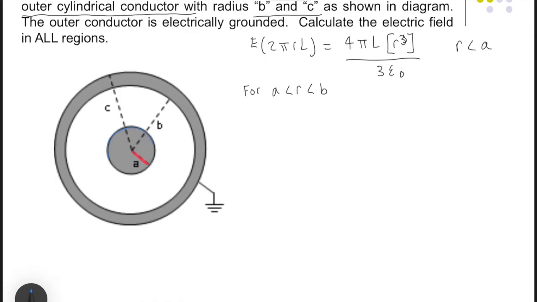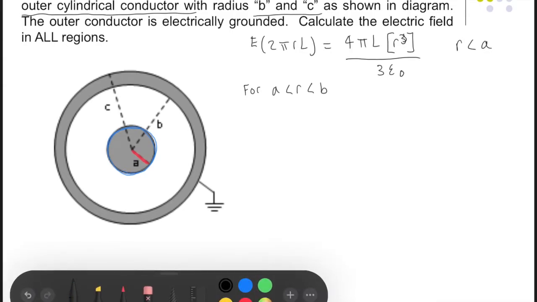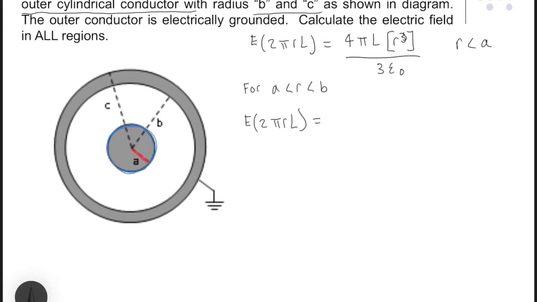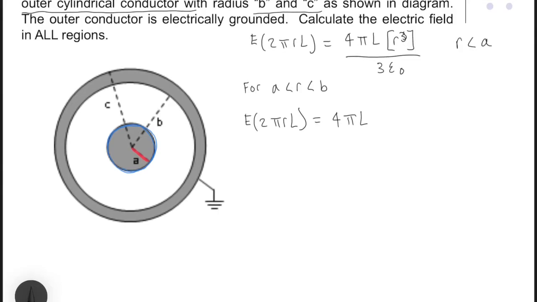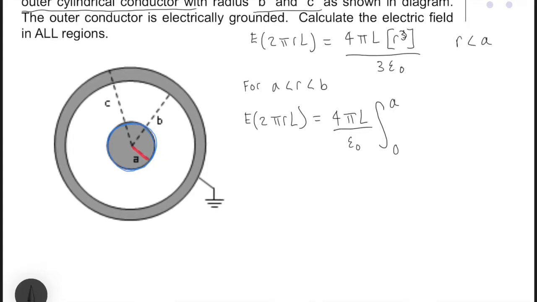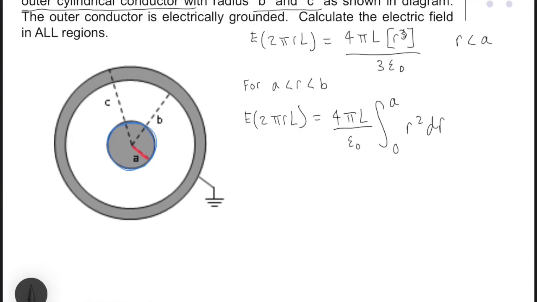So we do our same exact setup where we have E times 2 pi RL is equal to 4 pi L over epsilon naught times the integral from 0 to a of r squared dr. And then we just do the integral as we did earlier.